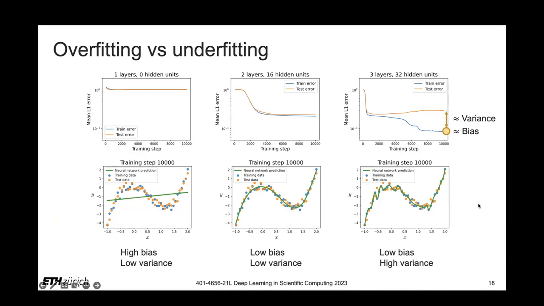In a very hand-wavy way, a lot of machine learning practitioners like to think of the bias in terms of your training set error, and the variance as the difference between your test error and your training error. So what you're really looking for is a low bias and a low variance model.